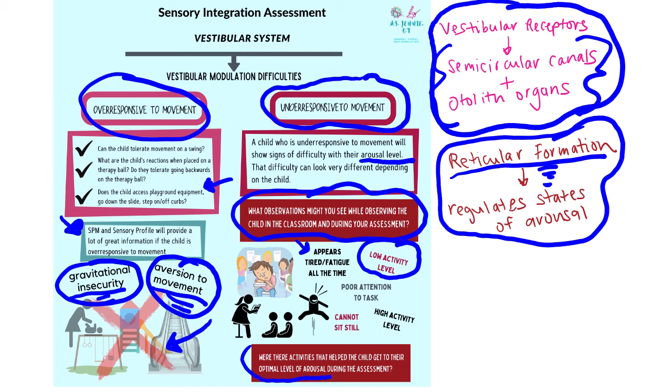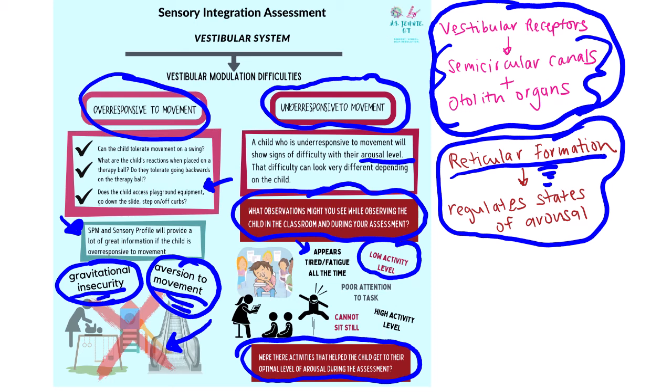So were there activities that really helped the child get to their optimal level of arousal during the assessment? You really want to try and play around with different movement activities, or different seating, different things like that, so that you can see, oh, wow, the child sitting on a wiggle seat really did help them pay attention better.